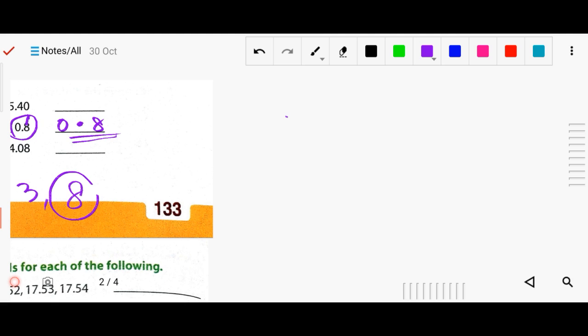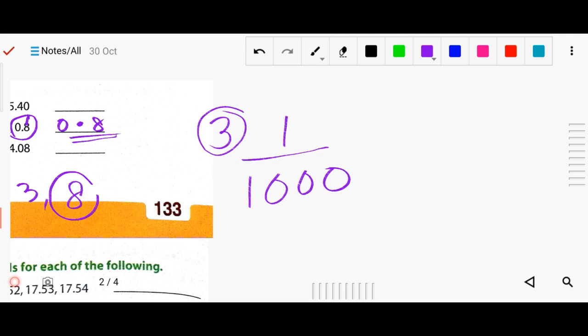Simply you write 1 over, because we need three decimal places, after the decimal there should be 3 digits, so 1 by 1000, the thousandth place.